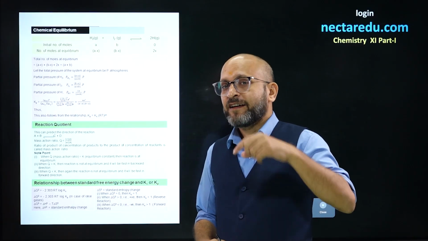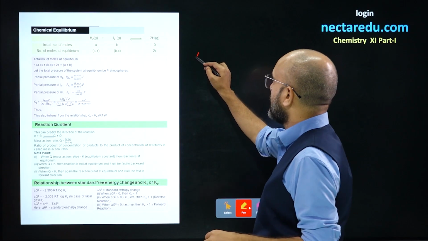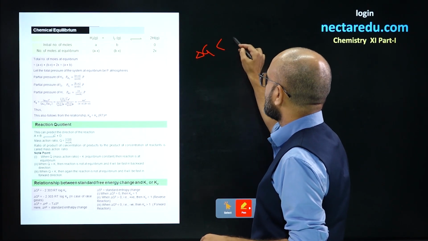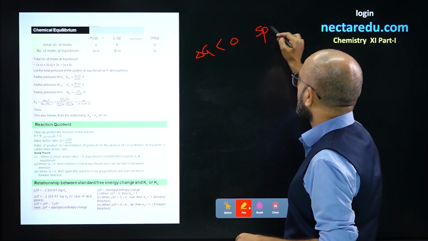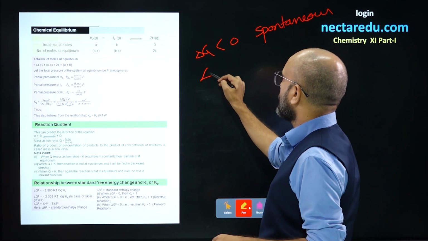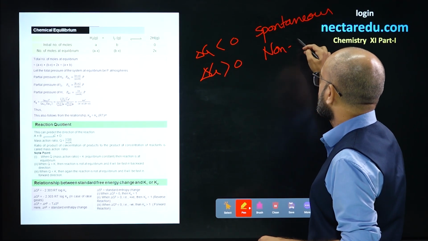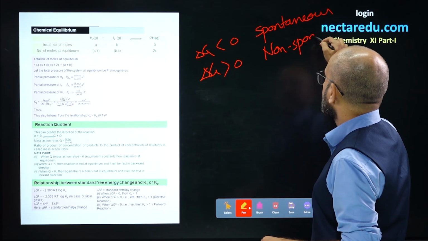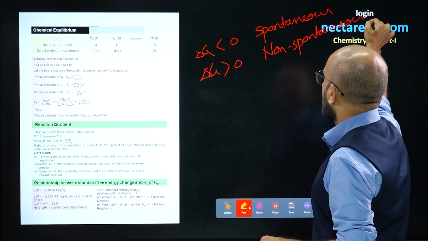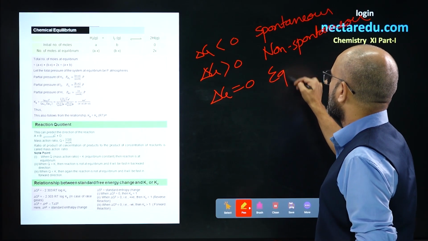Spontaneous means possible, non-spontaneous means not possible. So we have few values. If delta G is less than 0, that means a spontaneous process, a reaction is possible. If delta G is greater than 0, that means non-spontaneous. And if delta G equals 0, that means equilibrium.